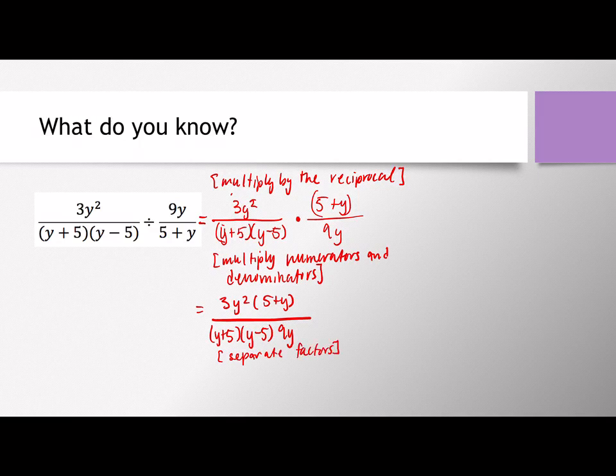So we're separating our factors. So I'm going to separate it into 3 times y times 5 plus y. Now 5 plus y is in parentheses, it's all together, that's just one factor. And that's over y plus 5 times y minus 5 times 9 times y.